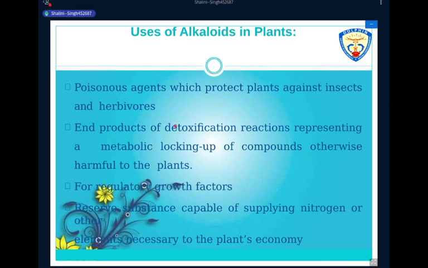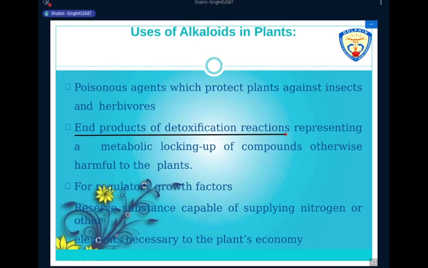That means these alkaloids are the end product of detoxification reaction. So they are not ending up in a toxic product. Otherwise, that will be a harmful effect on the plant. But on the other end, they are providing a protective role to the plant by the accumulation of these alkaloids.